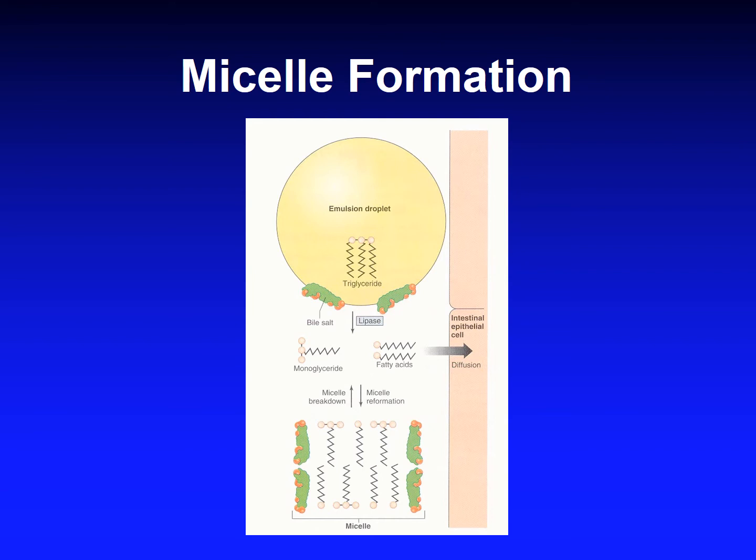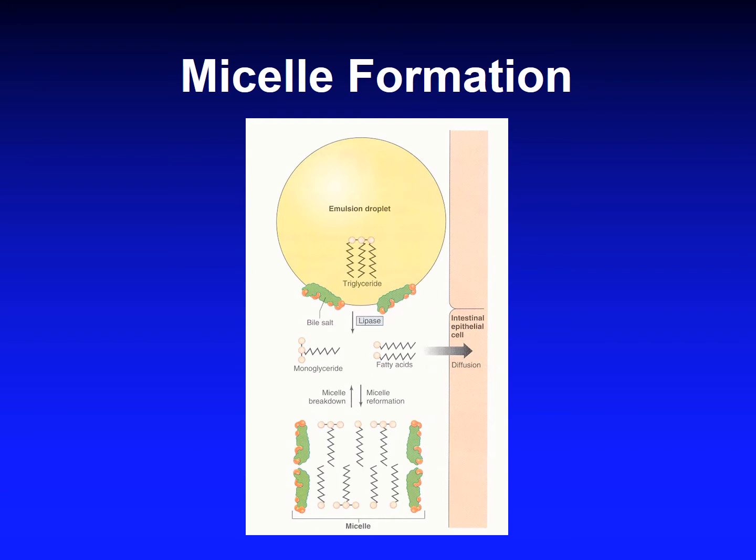Now, when the digestion process is at the very end, you will see that the bile salt is attaching to the fatty acids, the basic fatty acids, and it is transported to the apical membrane of the enterocyte.